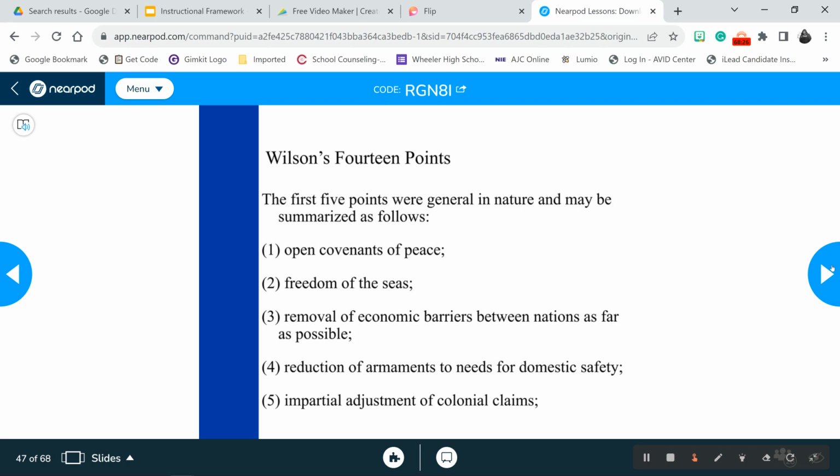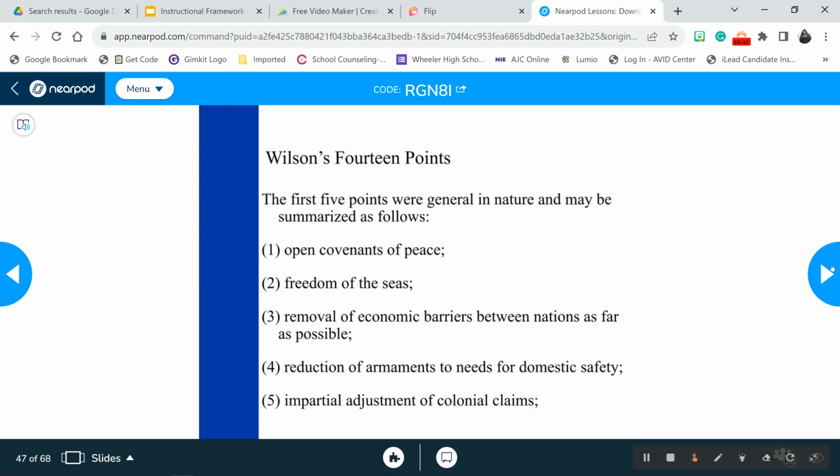Shanna, can you read number 1? Yeah, first we have open covenants of peace. Kamani, can you read number 2? Freedom of the seas.